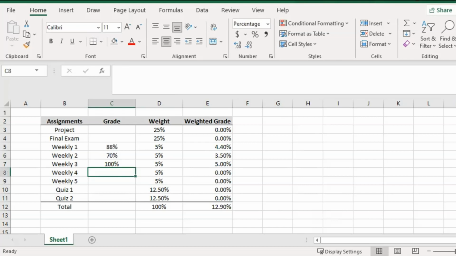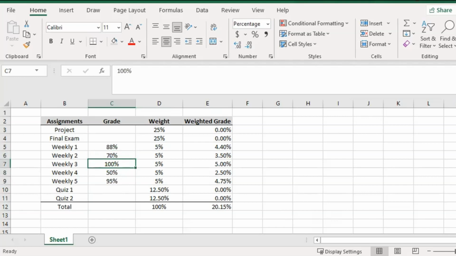On our weekly 4 assignment, we failed. And we did relatively well on our weekly 5 assignment. As you can see, our weights for these grades only equal the weight assigned to the grade when the grade is perfect, but then we get some fraction of the weight when our grade is less than perfect.